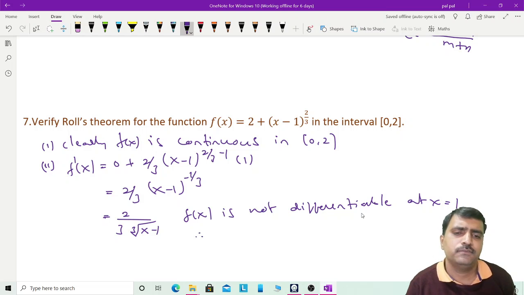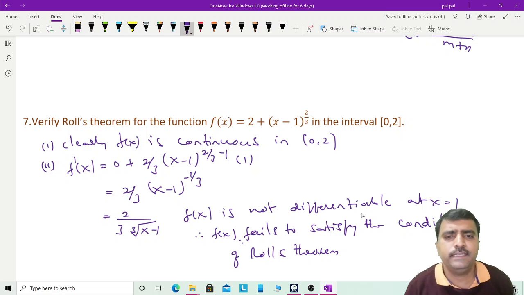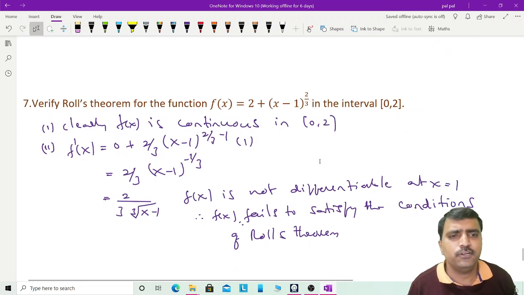Therefore f of x fails to satisfy the conditions of Rolle's theorem. So it is not necessary to check the third condition. Once one condition fails, it is not needed; even if it verifies, Rolle's theorem is not applicable here.